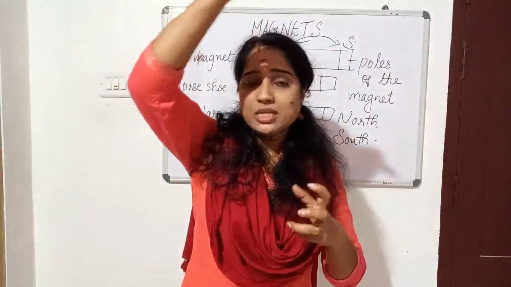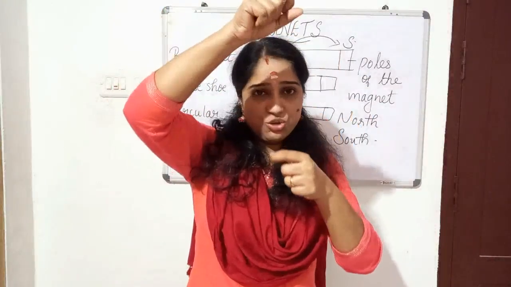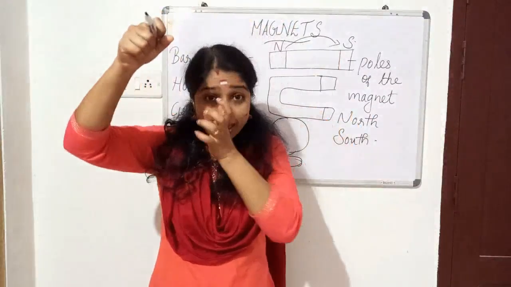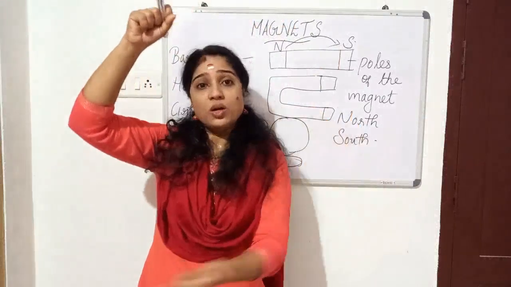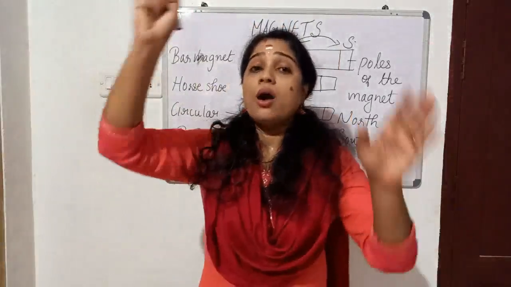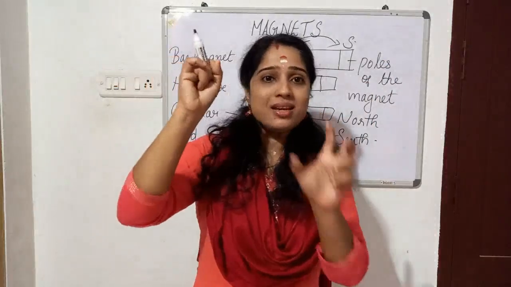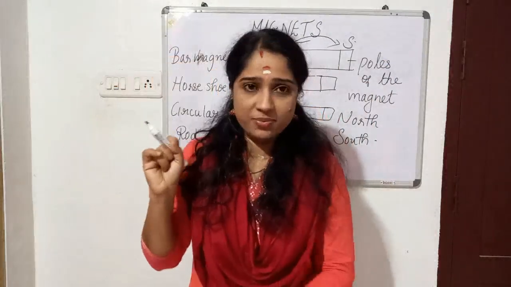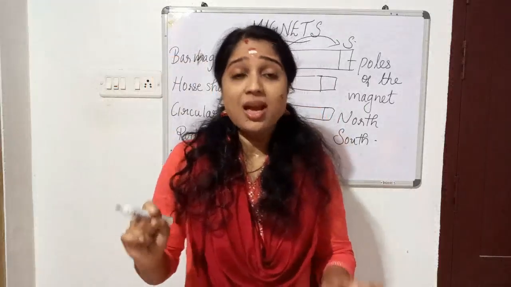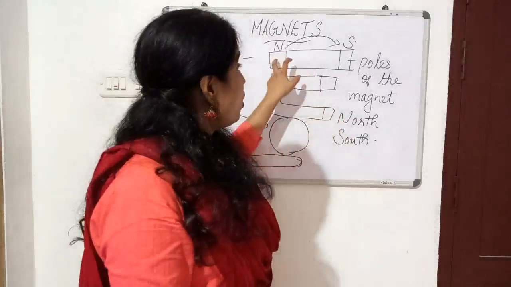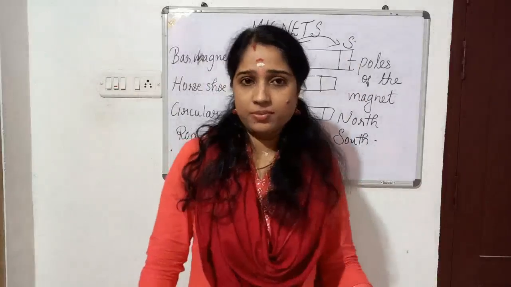Like this, when we hold a bar magnet tied to a string and whirl it, whatever we do, finally this magnet will rest in a single position. You know what that position is? It always rests in the north-south direction.